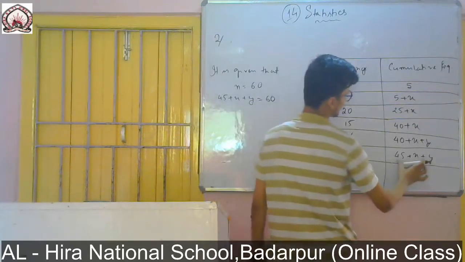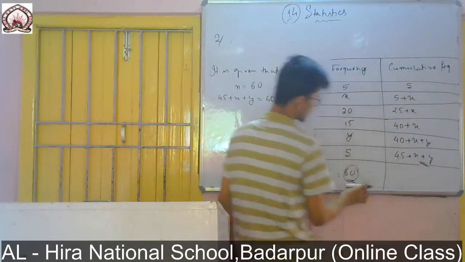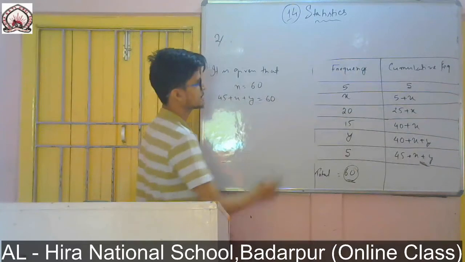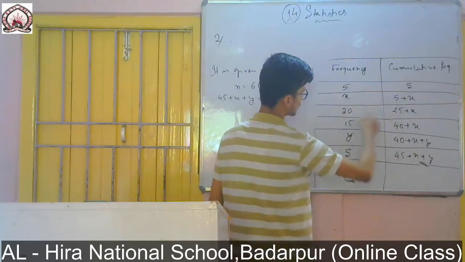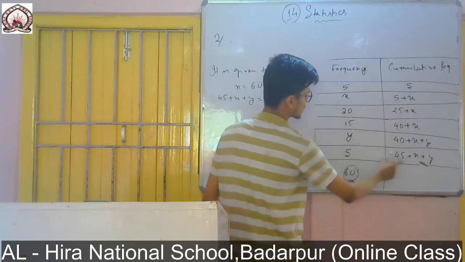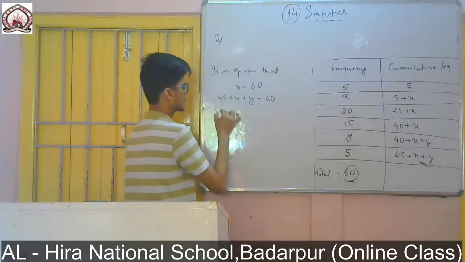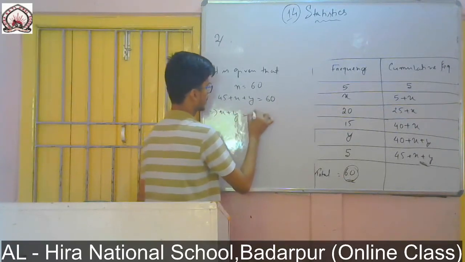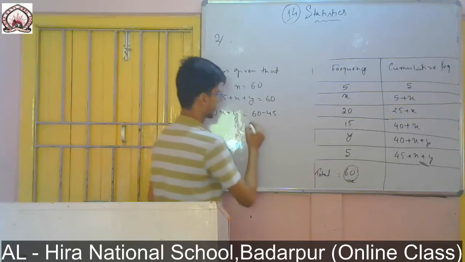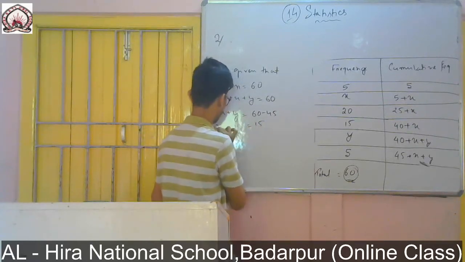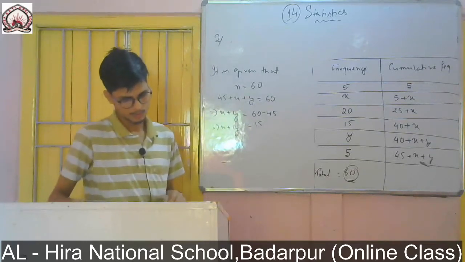Always remember that the last value we get in the cumulative frequency will be equal to the total frequency. So x plus y equals 60 minus 45, which is 15.